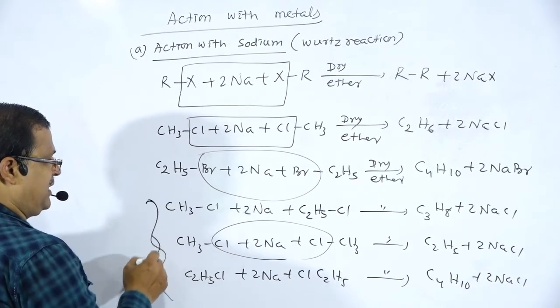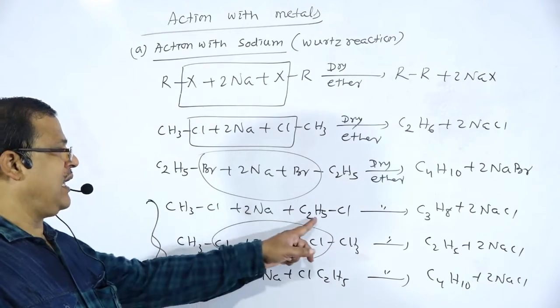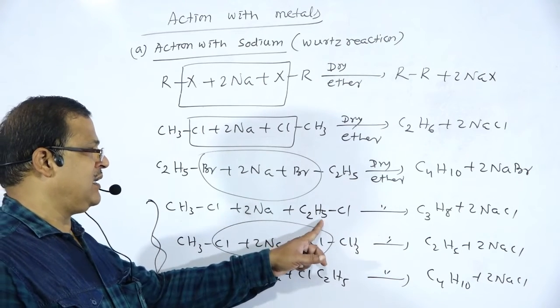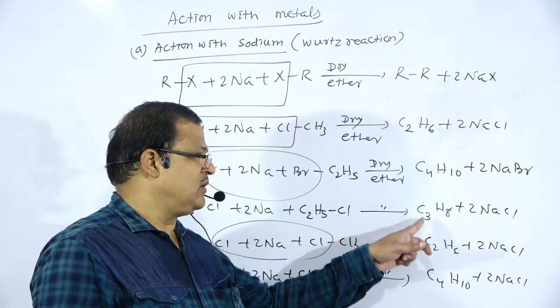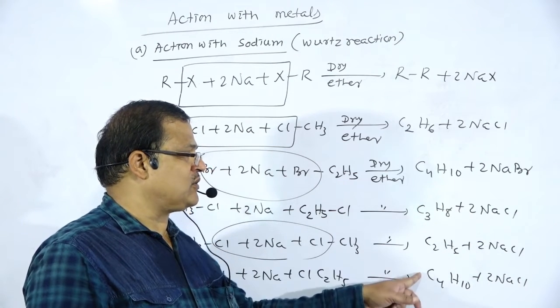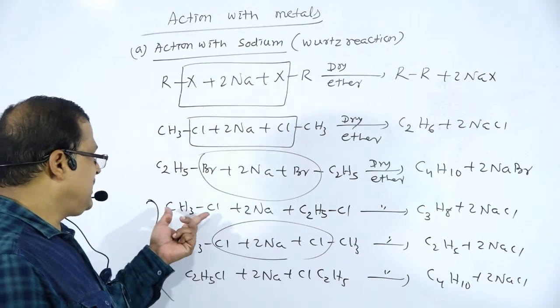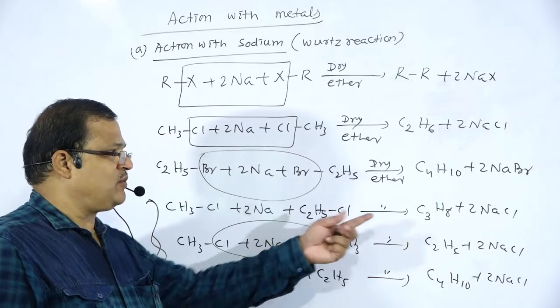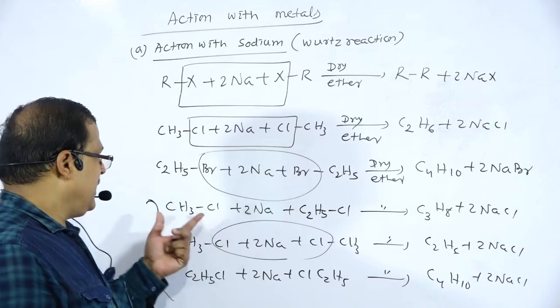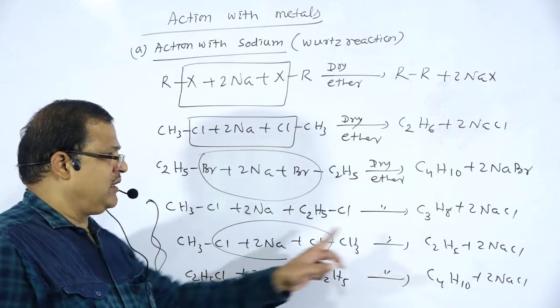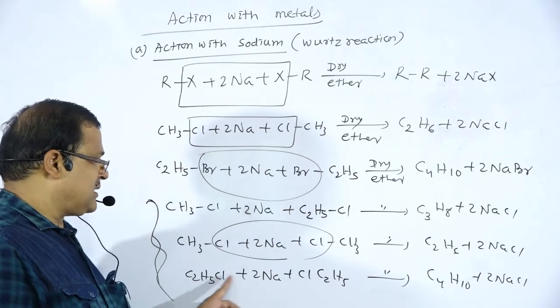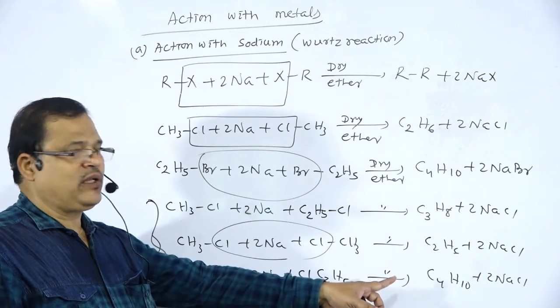So if we take different kinds of alkyl halides, not only one kind of alkane is produced but a mixture of alkanes, because methyl chloride reacts with ethyl chloride to form propane, and in the same way methyl chloride self-combines to form ethane, and ethyl chloride self-combines to form butane.